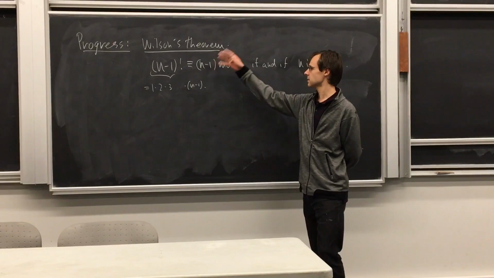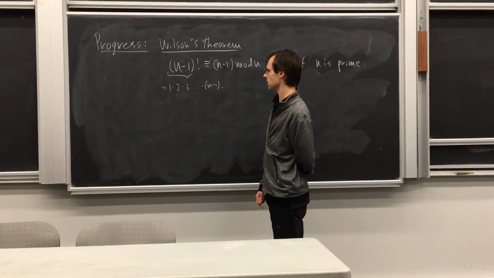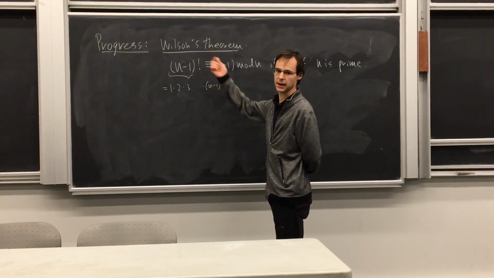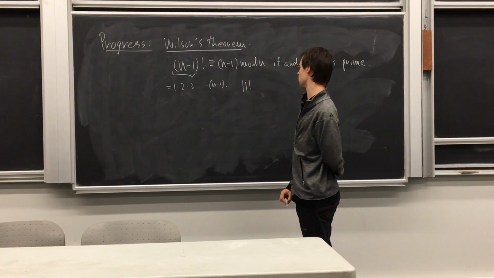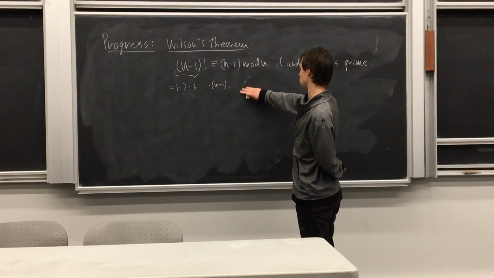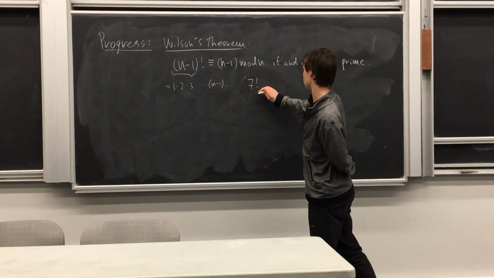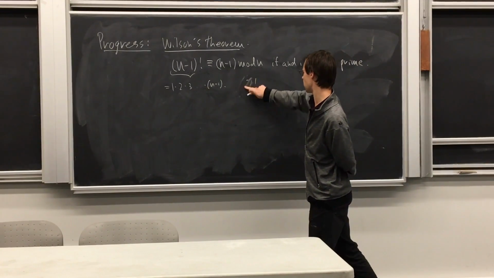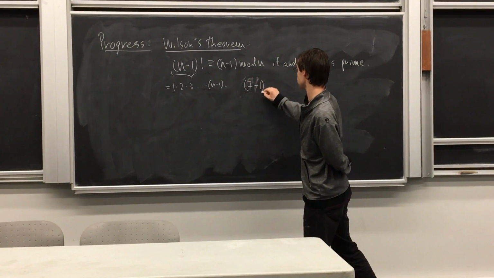It turns out that this is true whenever you plug in n being a prime, and it fails whenever you plug in n not a prime. So, for instance, 11 factorial, which is a pretty large number. Let's go with something smaller so that I actually know the answer. 7 factorial, okay? If you plug in, so 7 is a prime, so we've got to plug in actually 7 minus 1. We've got to do 6 factorial, okay?